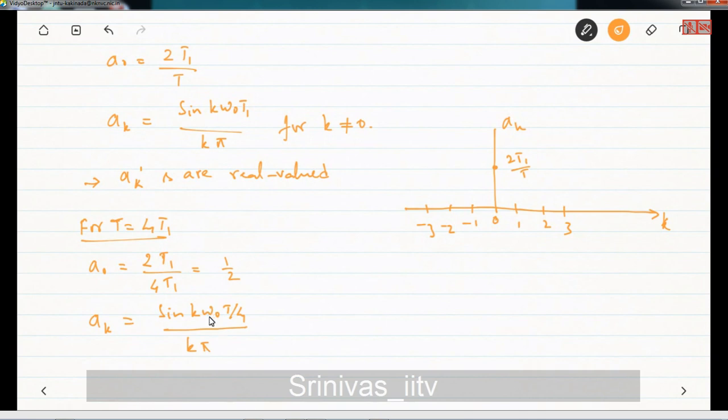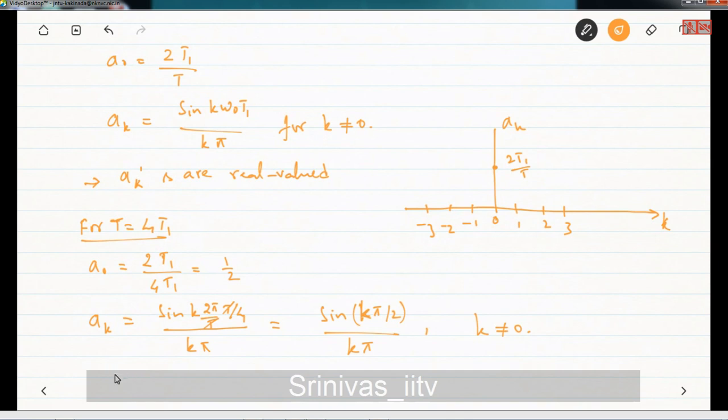Instead of omega naught, I can write 2 pi by T. So this T gets cancelled, and this will be sine k pi by 2 divided by k pi, for k not equal to 0.